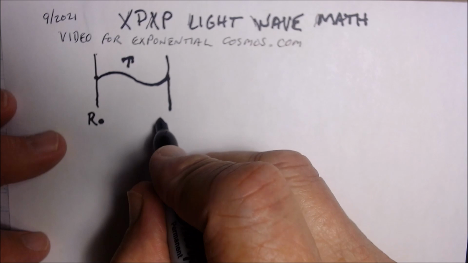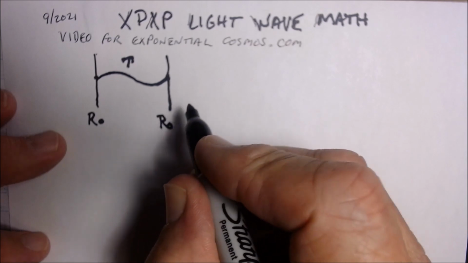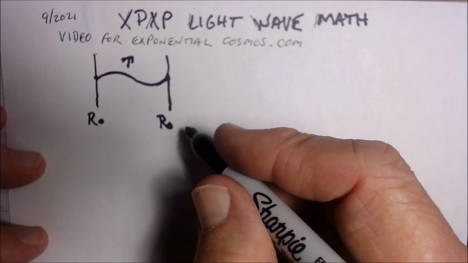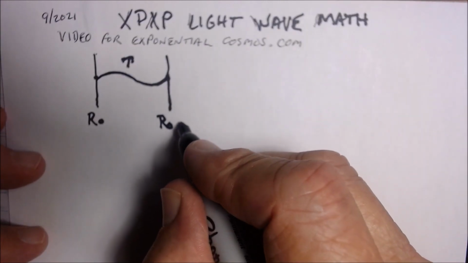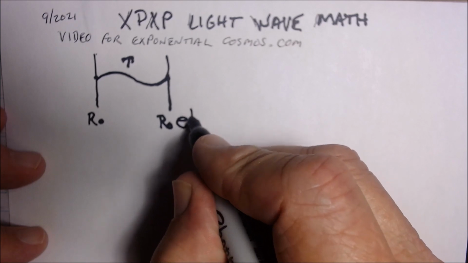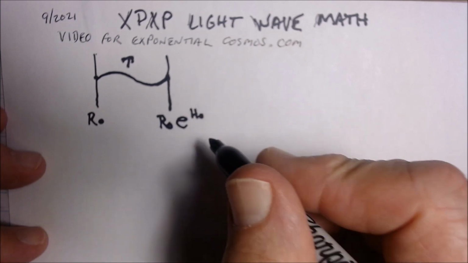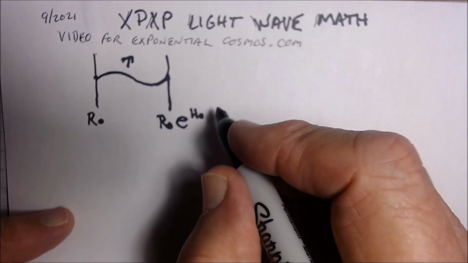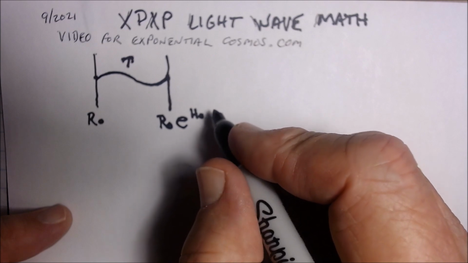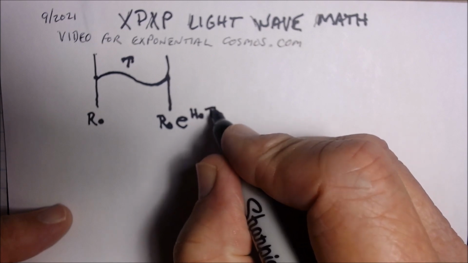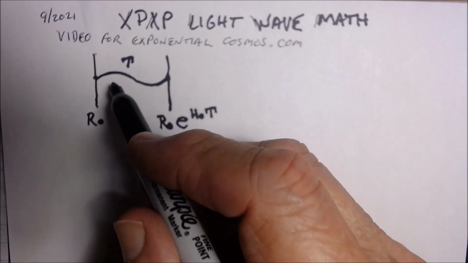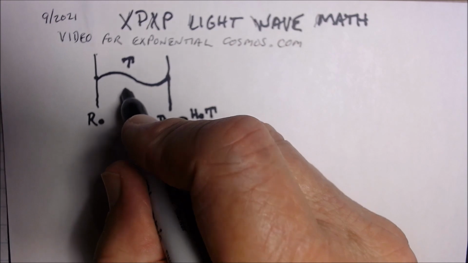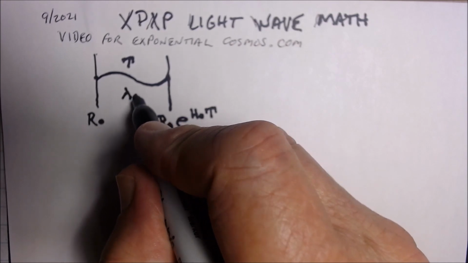That means that it moves a distance consistent with the math of the universe, R0 e to the H0 tau, where we're all expanding properly with H0. So in H0 tau, the wave is complete, and we could call that first wave lambda 0.